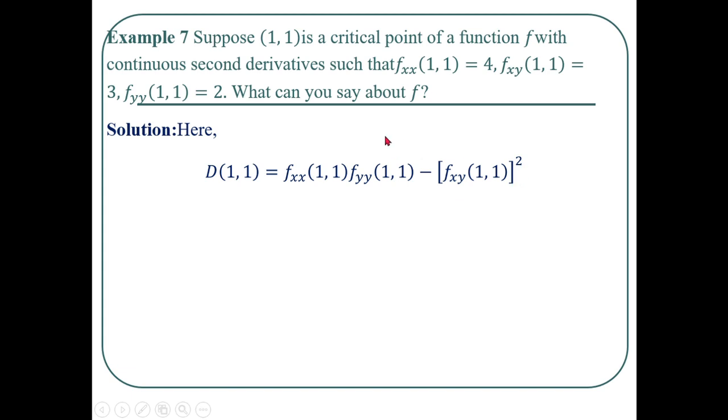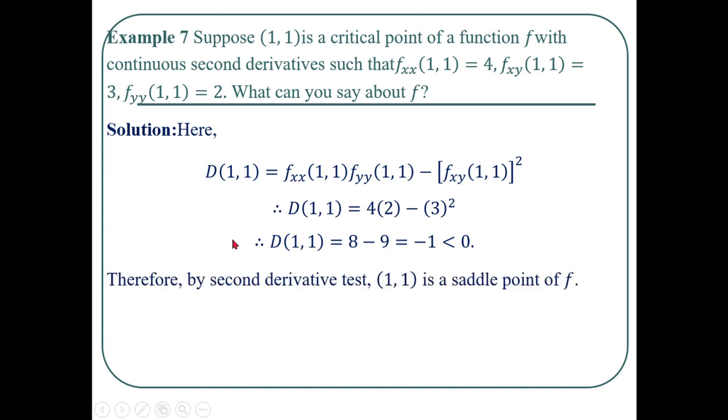Here the values are changed, so this becomes 4 into 2 minus 3 square, which is 8 minus 9 is equal to minus 1, which is negative. And we know that when this discriminant becomes negative, the corresponding point is a saddle point. So by the second derivative test, 1 is a saddle point of f.